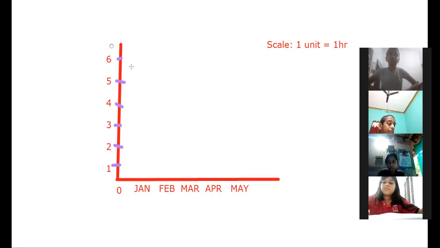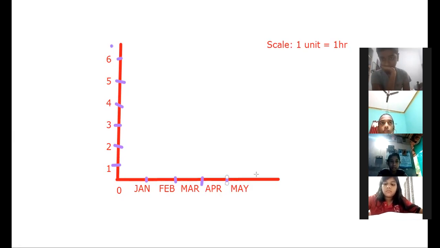Then look at your first data. What is the average hour of sunshine in January in our first city? It is 2 hours. Then here we are drawing the double bar graph. So here also, first of all, we have to mark divisions. I'm just marking divisions here.